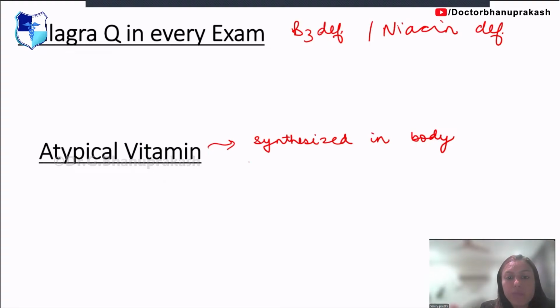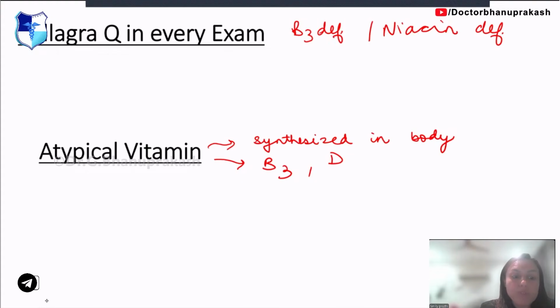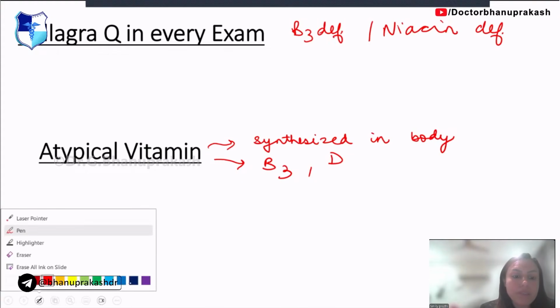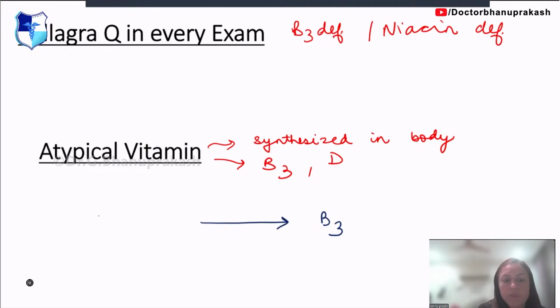We have two atypical vitamins, that is B3 and vitamin D. You all know vitamin D can be synthesized from sunlight. And what about vitamin B3? It is synthesized from which amino acid? Can anyone tell me? Vitamin B3 or niacin is synthesized from the amino acid tryptophan.